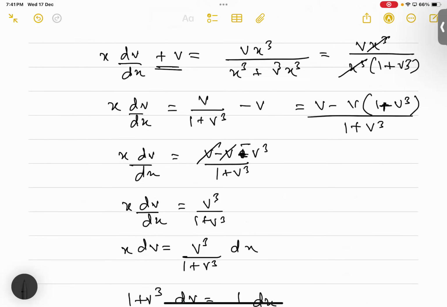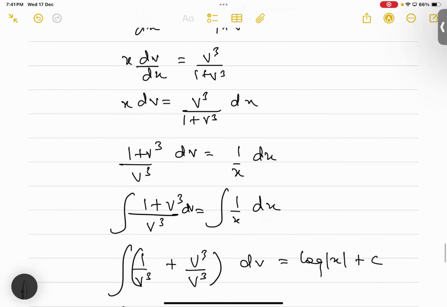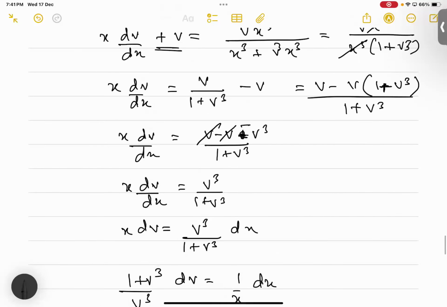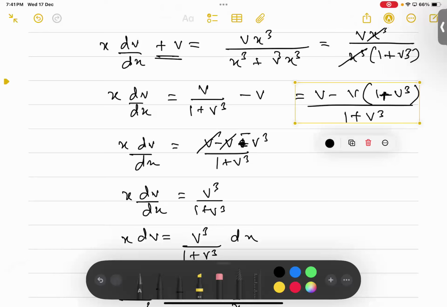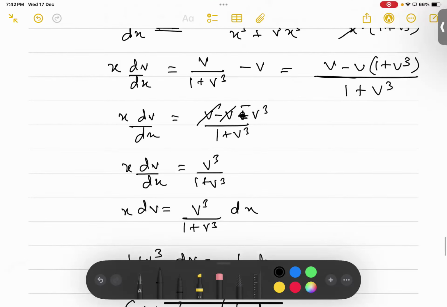Correct? And this should be v raised to 4. I said I think I had done something wrong. Sorry, so sorry for this. So v upon, I'll take LCM, minus v times 1 plus v cube. Okay, so make those changes.